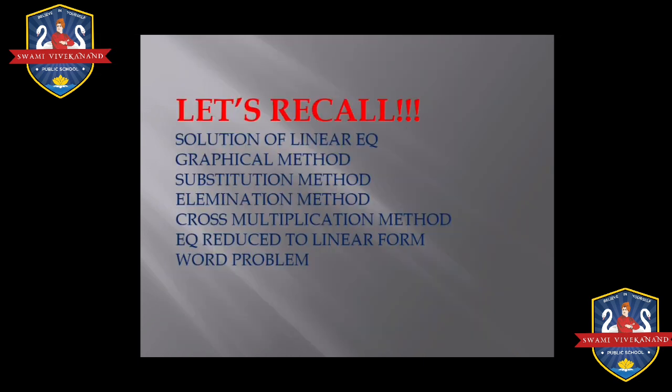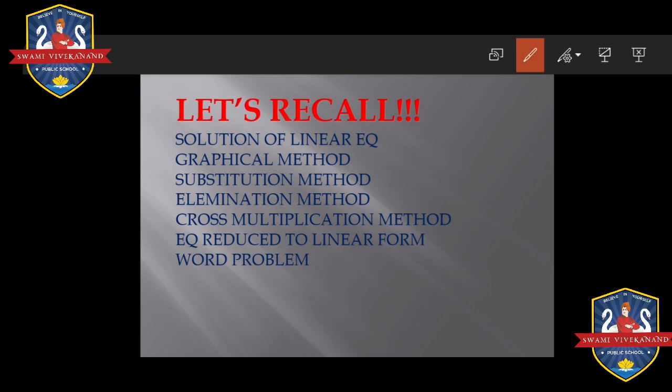Now let us recall what we have learned in this chapter. In the starting of this chapter, I told you that this chapter mainly covers 4 main topics. First is the solution of linear equations. Second is the formation of linear equations. And third is the equations reducible to linear equations and some complex problems, like boat and stream problems, age problems, all this.